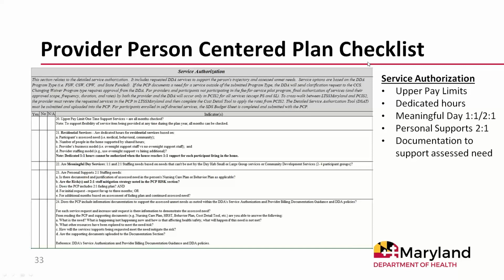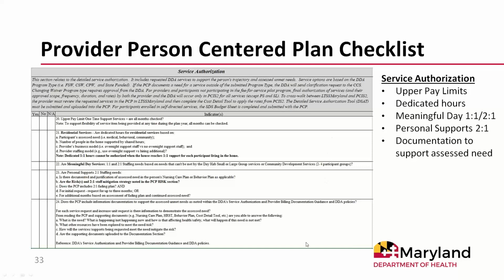There's also information related to the dedicated hours to make sure that those are being met and meeting people's needs. And so some of the questions are looking at the number of people supported in the home, whether shared hours are going to be used, consideration of the provider's business model for overnight supports, and also looking at the specific assessed needs of the person, medical, behavioral, and also their community goals. Meaningful day is listed.